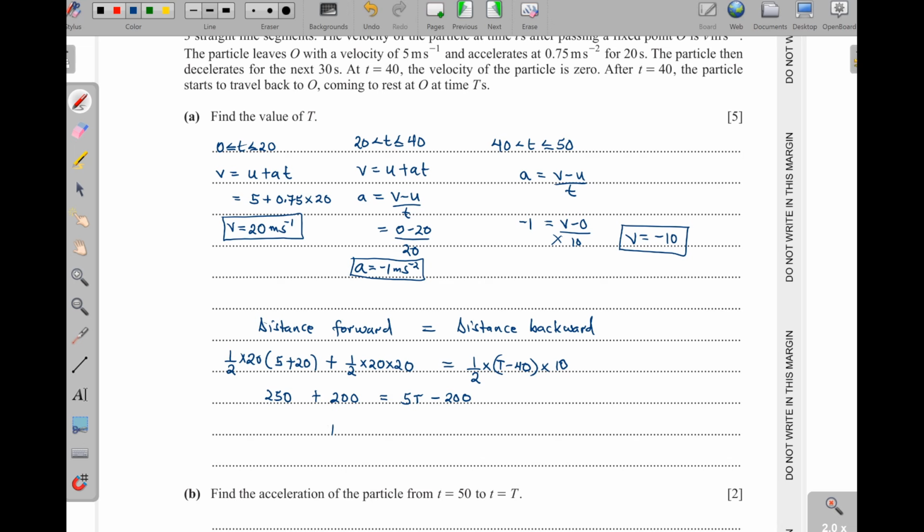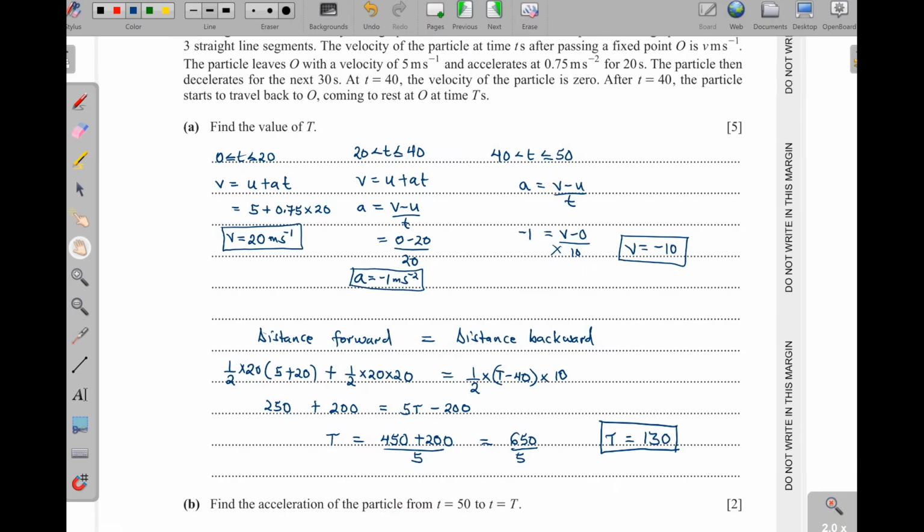So meaning our t will be equal to, this one will give us 450, then we add the 200. Then from there we divide by 5. So is this one 650? Then divide by 5. Okay, 5 goes into 65 13 times, and then I will also put that 0. So t is 130.